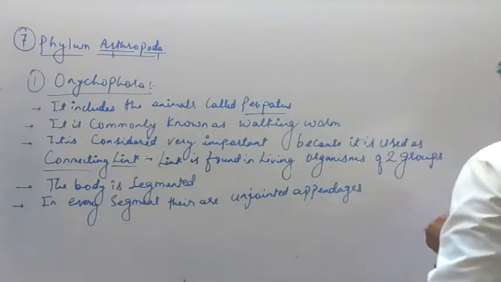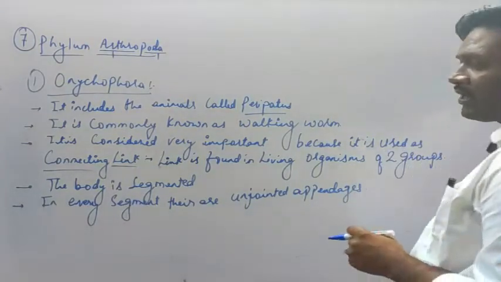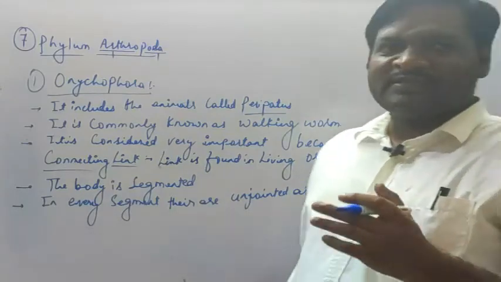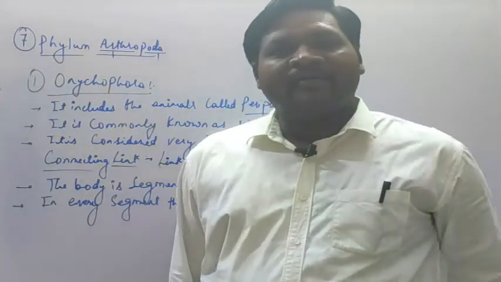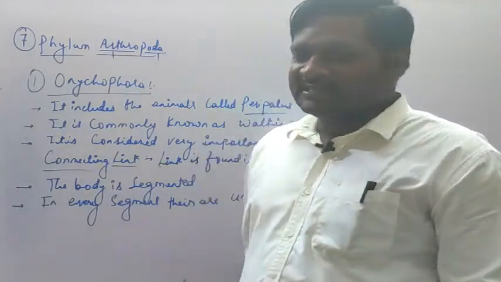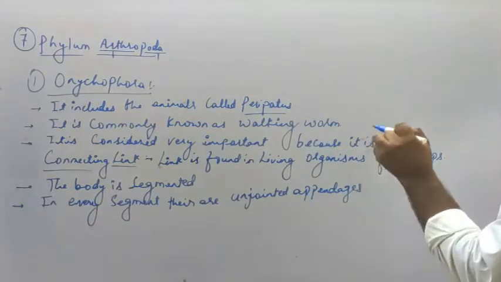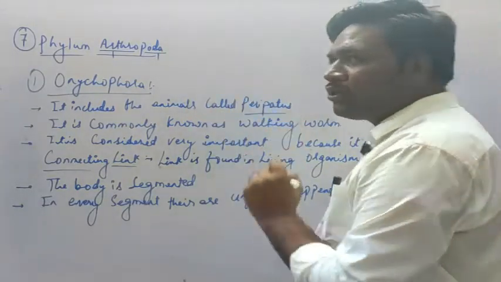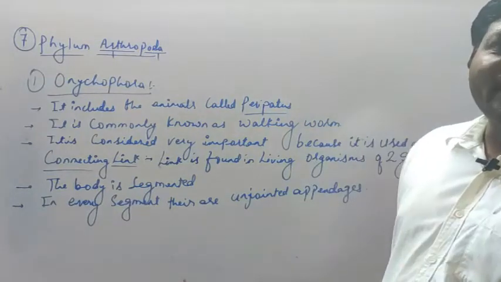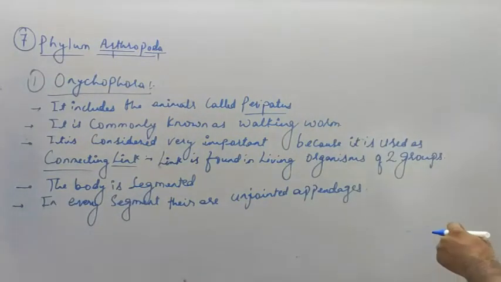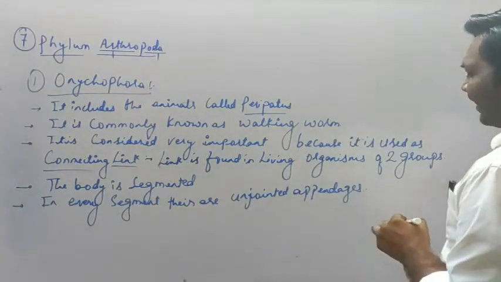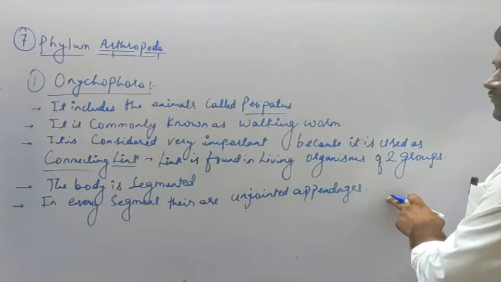In case of arthropods, the name itself indicates they have jointed appendages, but in case of these organisms which are under Onychophora, they don't have jointed appendages. So here it acts as a characteristic feature of the annelid.